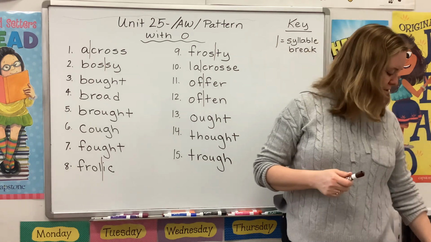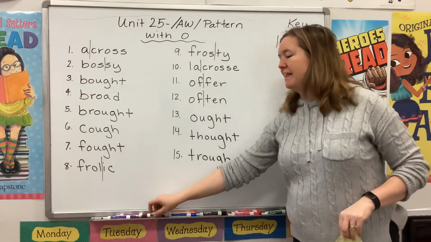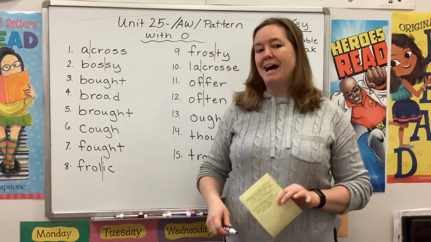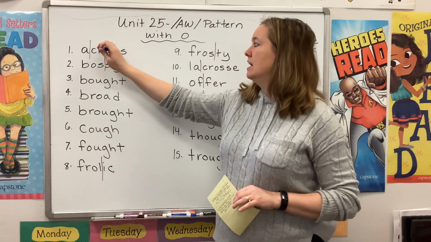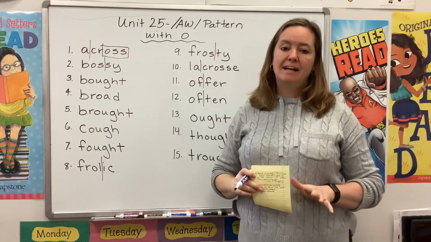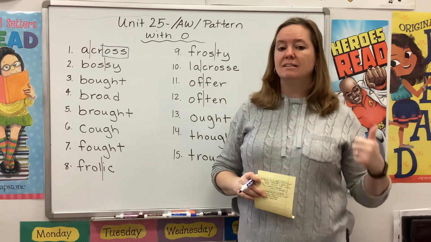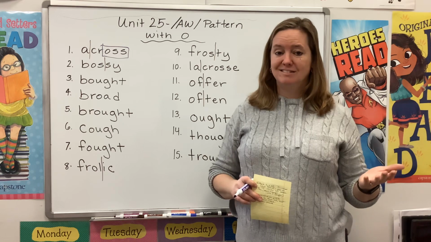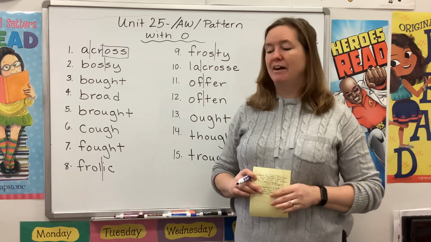Great. Okay, so let's start with a very common pattern, and that is the OSS in across. Now, you already worked on this in 2nd grade with words like toss, loss, boss, floss, gloss. Okay, it's a really good pattern to know.